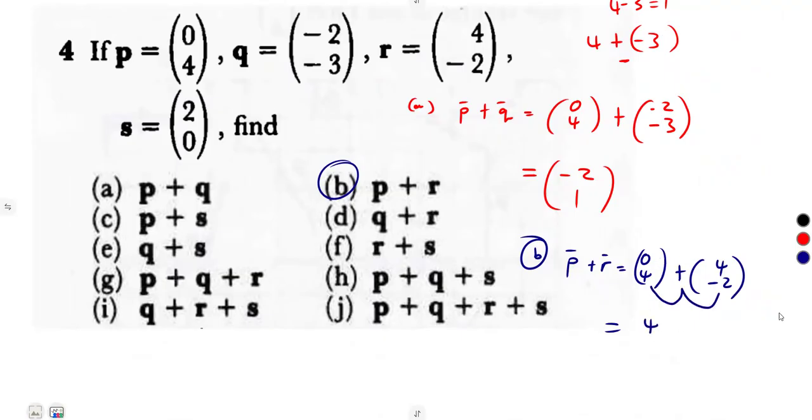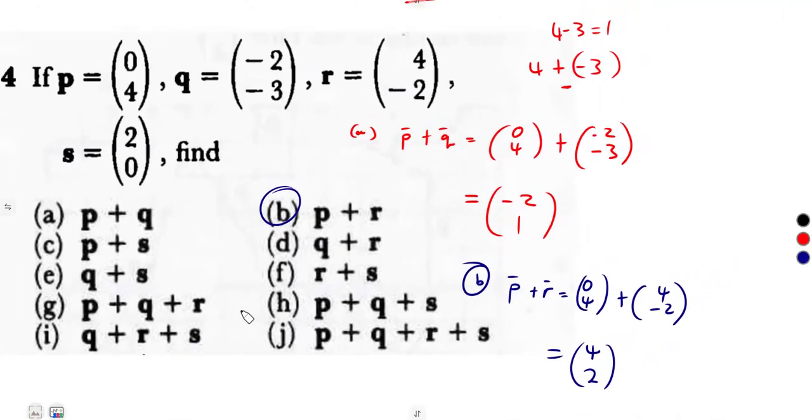The y values together, so that's 4 plus minus 2. A plus and minus is going to give us a negative, 4 minus 2, that's 2. So that's how you consider these vectors.